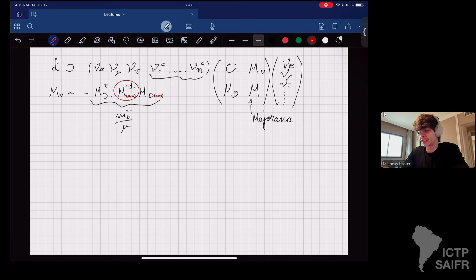And you can check out how you can go from something that has a very strict relationship between mixing angles and the light neutrino masses to something that decouples those two and makes neutrino masses small, not because mu is very large, but actually because mu is also small. So that's the general behavior of exercise number 2.